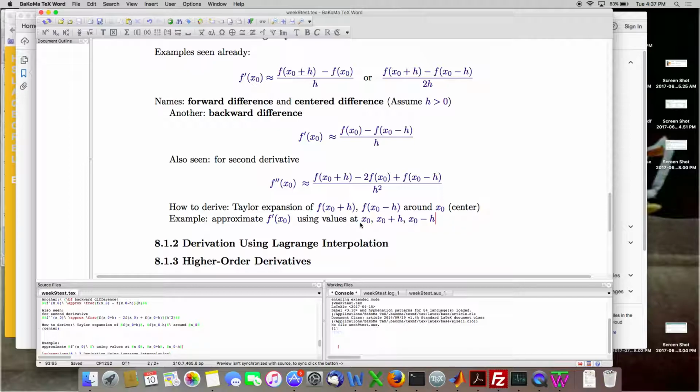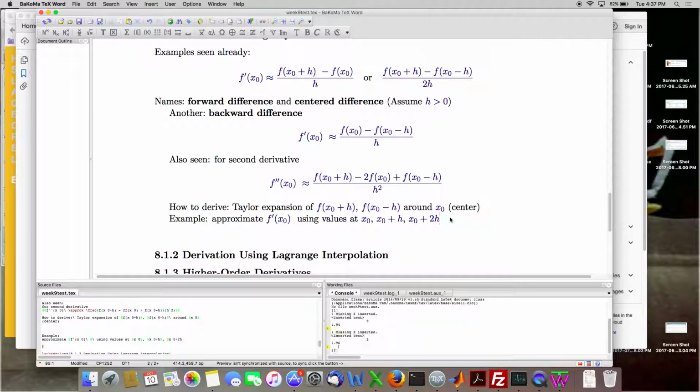Also, sometimes what happens is you have your function defined at certain points, and you want a derivative like at the leftmost, whoops, not minus h, I already have that one, plus 2h. These are 3 points I want to use. So I suppose I don't have any information about f of x.